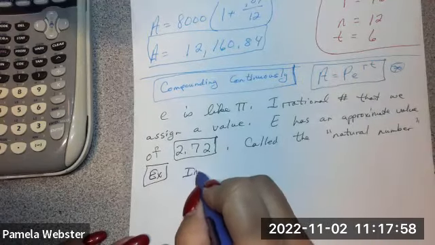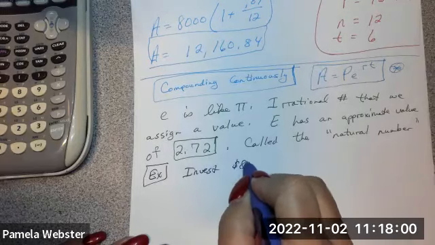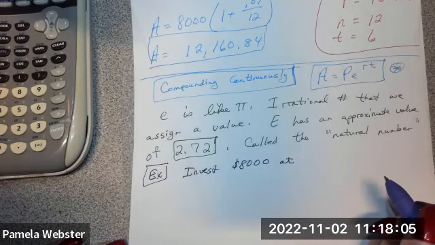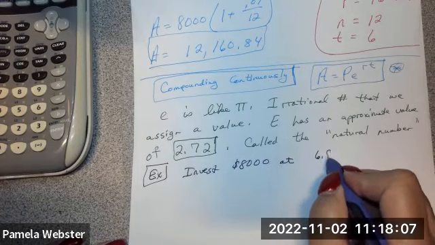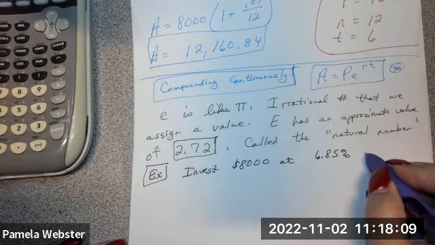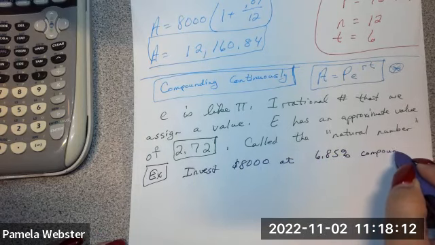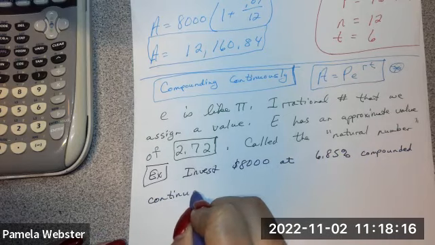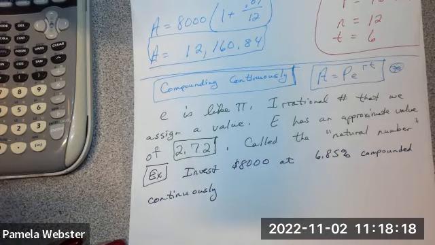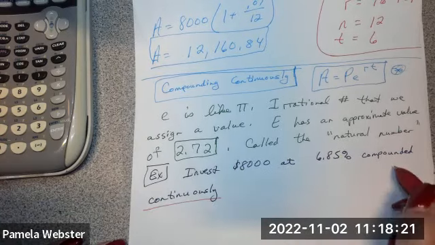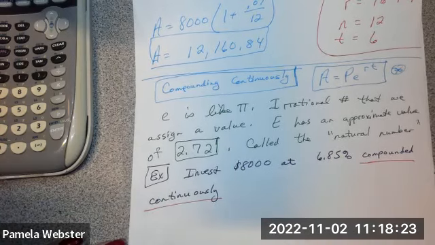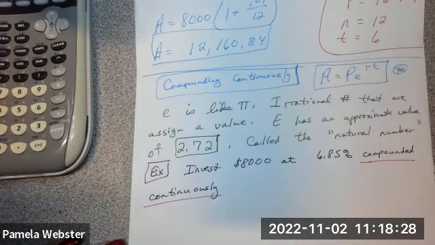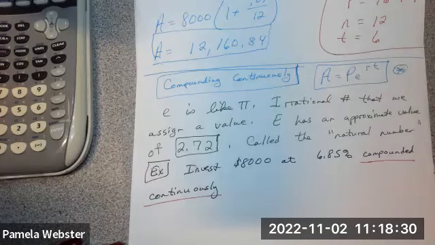We invest $8,000 at, and the different interest rate is 6.85%, and it'll say compounded continuously. Okay. And whenever I see that compounded continuously, this is what tells me, oh, that's going to use the natural number. That's where I'm going to use this formula Pert, because this one is specifically for when it's compounded continuously.